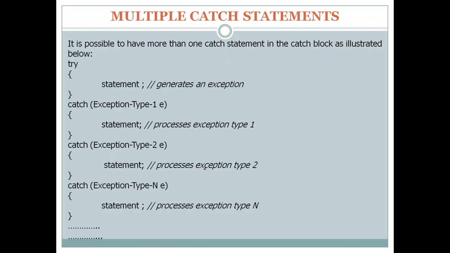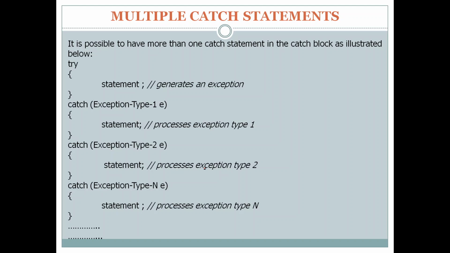It is possible to have more than one catch statement in the catch block as it is illustrated in this example program. Whenever we include some statements inside a try block, it is not always that the statements included in the try block will generate a single type of exception.